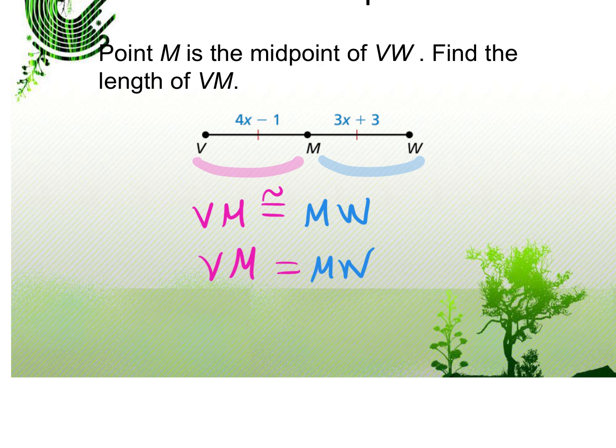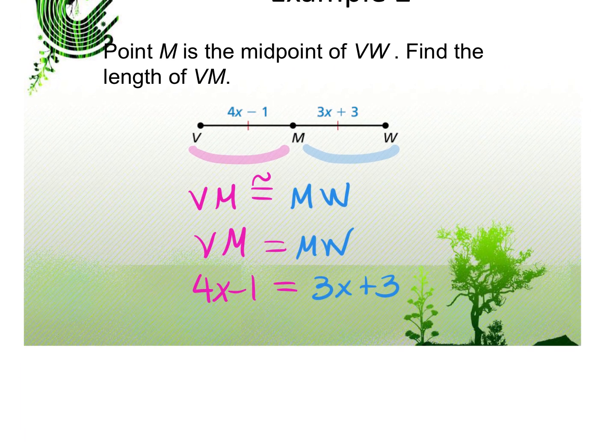So I'm going to replace VM with the 4x minus 1 and the MW with the 3x plus 3. Now I need to find my value of x, and then I'm going to take what I get for the value of x and substitute it in for the expression for VM.